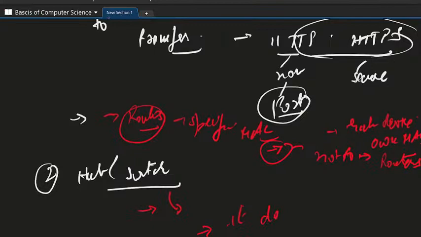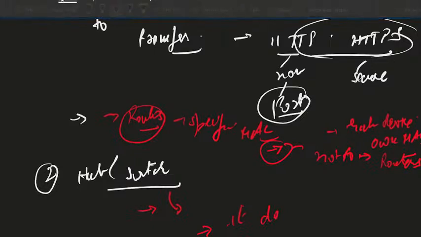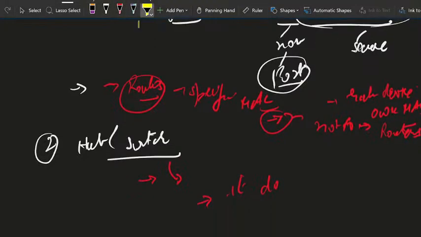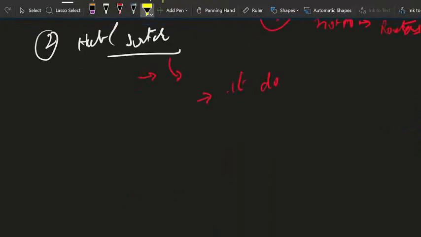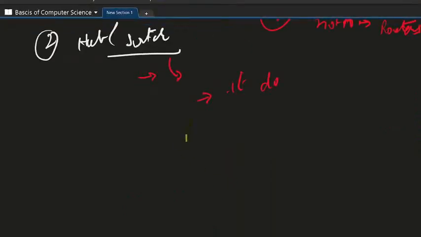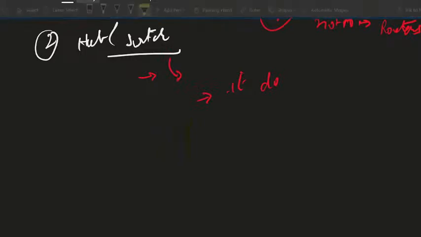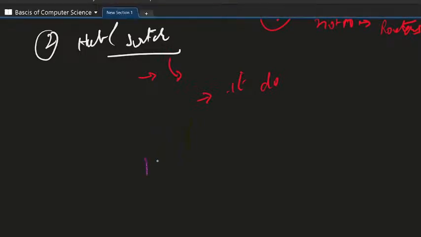Let us take an example. Suppose the IP coming is 1.9.1.1. What does a switch do?